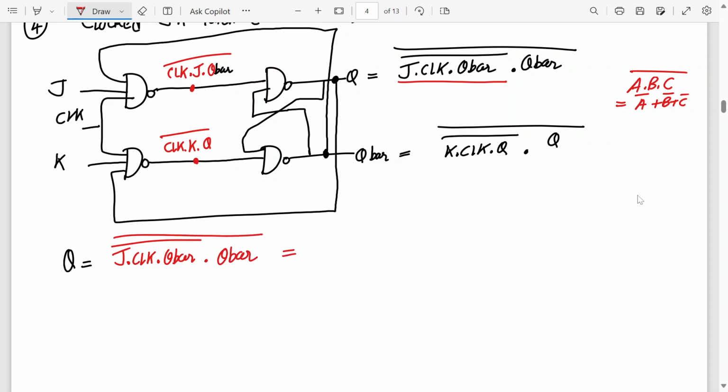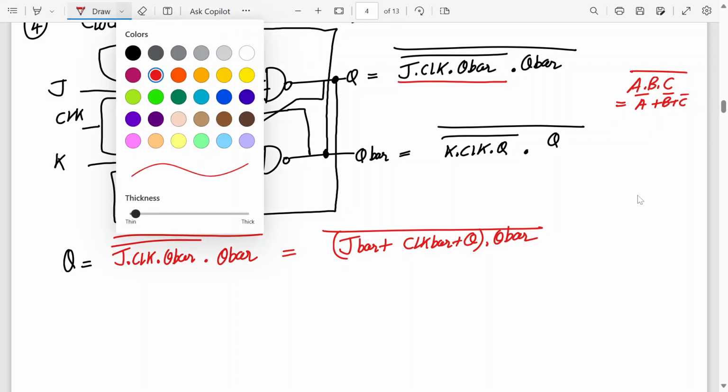How can we open it up? Internally whatever we have written, it will become J bar plus clock bar plus Q, dot Q bar, the whole bar. Do you understand? It's a bar, right? So I've written J bar, clock bar, and in place of clock bar I've written Q because it is c bar.